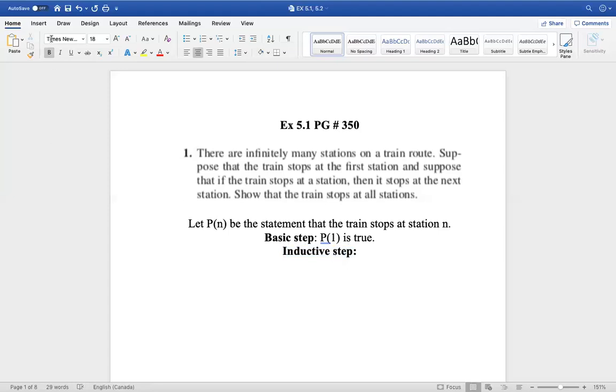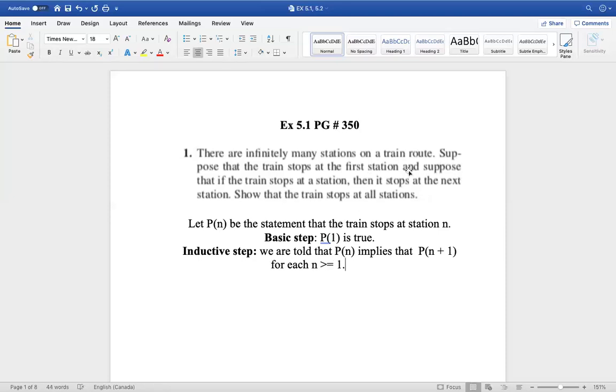Now, in the inductive step, we are told that P(n) implies P(n+1) for each n greater than or equal to 1.